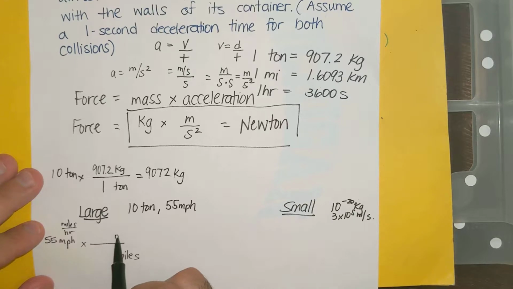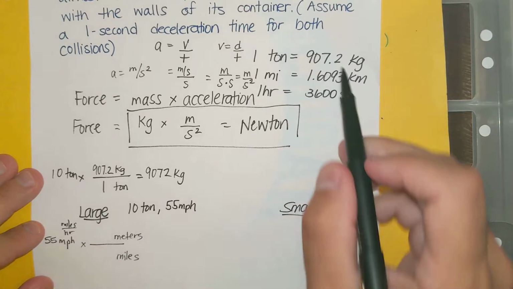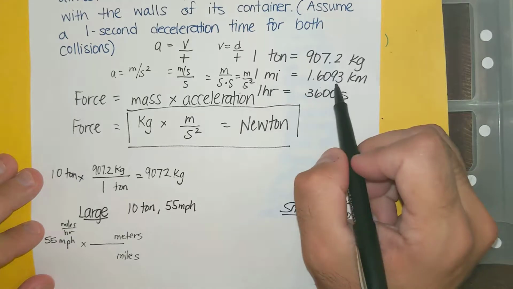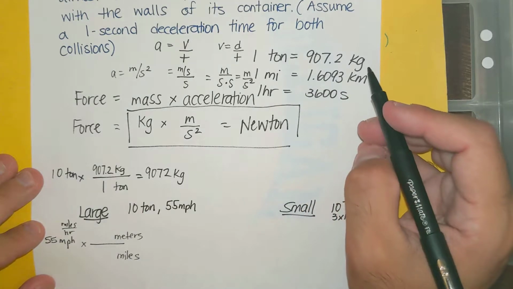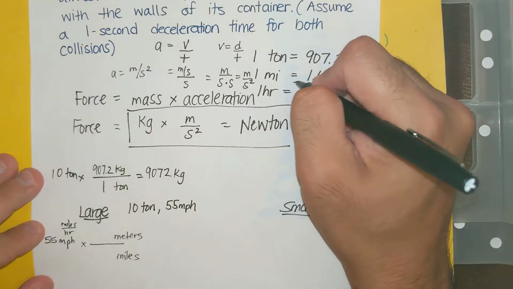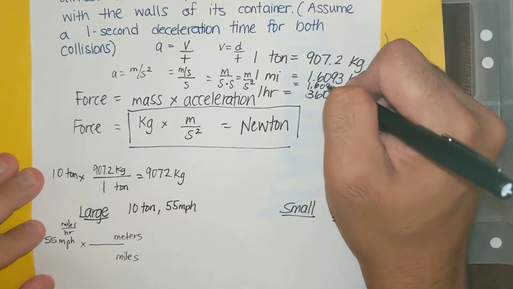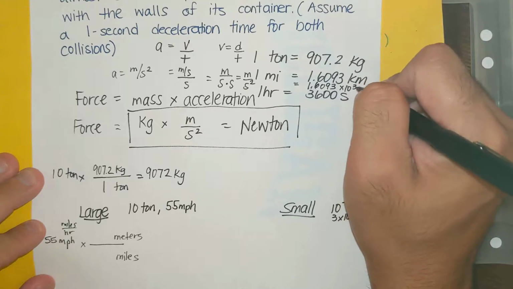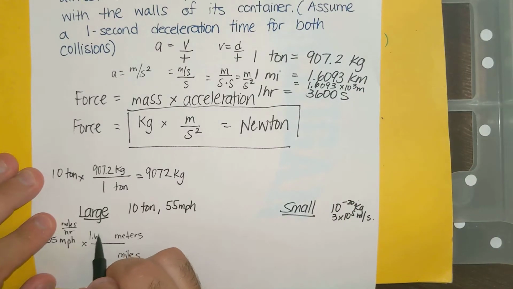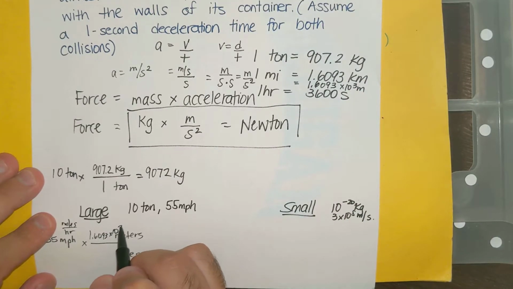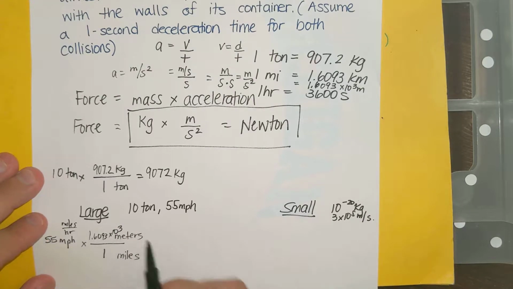And I want to convert that to meters. And I wrote here that 1 mile is 1.6093 kilometers, which is the same thing as saying 1.6093 times 10 to the third meters. So 1.6093 times 10 to the third meters is 1 mile.